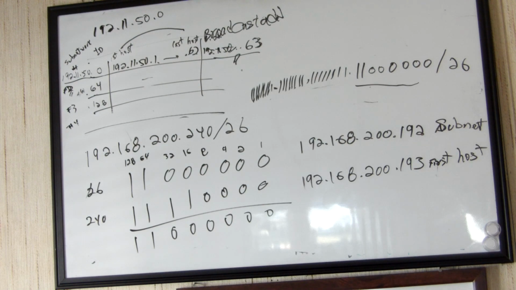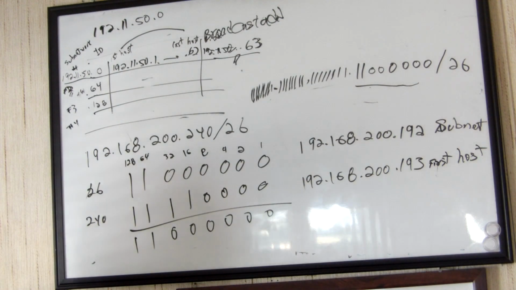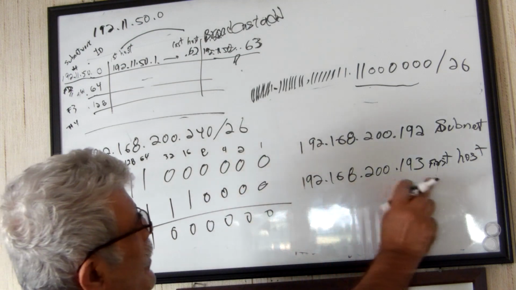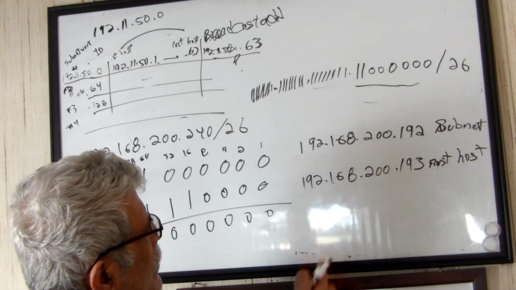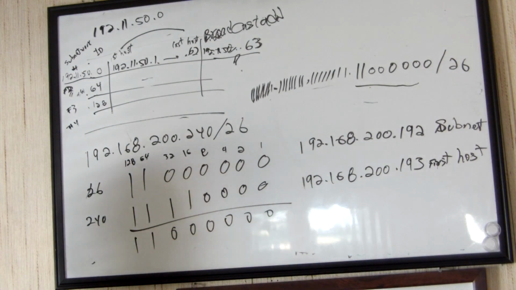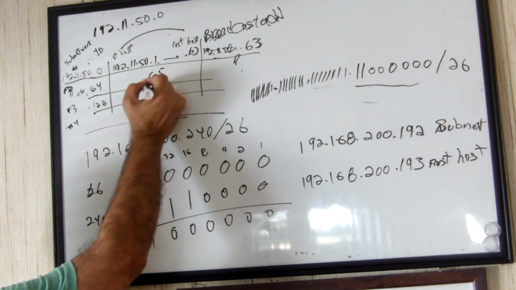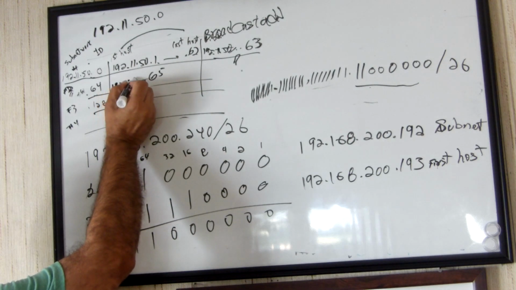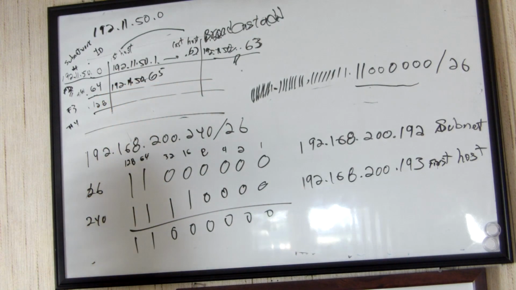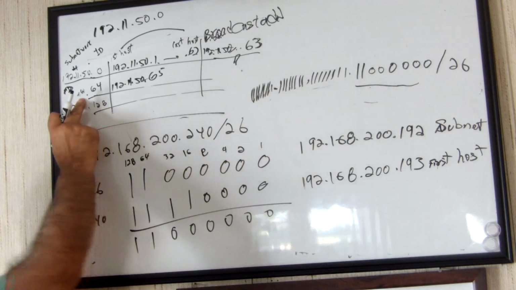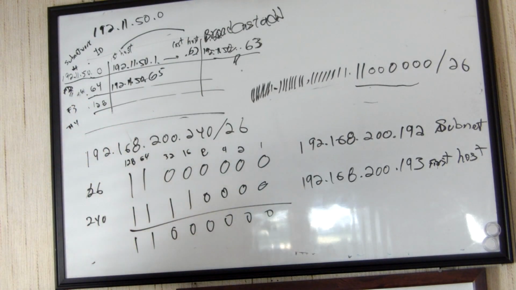If they just ask you to find the first host, that's enough, the first number, like for 65 here, 192.11.50.65 is the first host for this number 2 subnet.